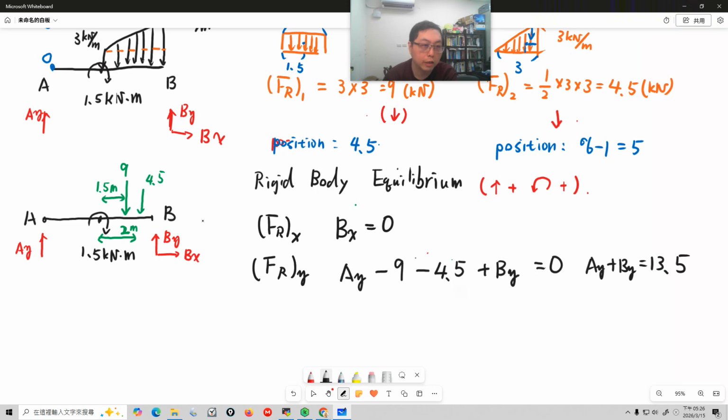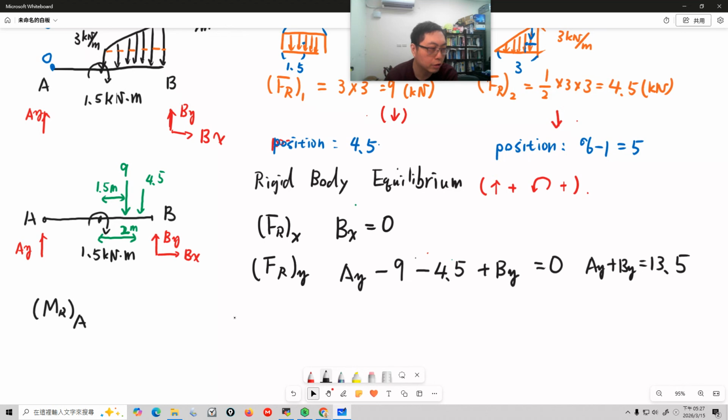So we used the resultant force equal to 0. Another condition for rigid body equilibrium is that the resultant moment must also be 0. For the resultant moment, we also need a reference point. We set the reference point at A. Let's see how many moments we have. First of all, the 1.5 kilonewton-meter concentrated moment.